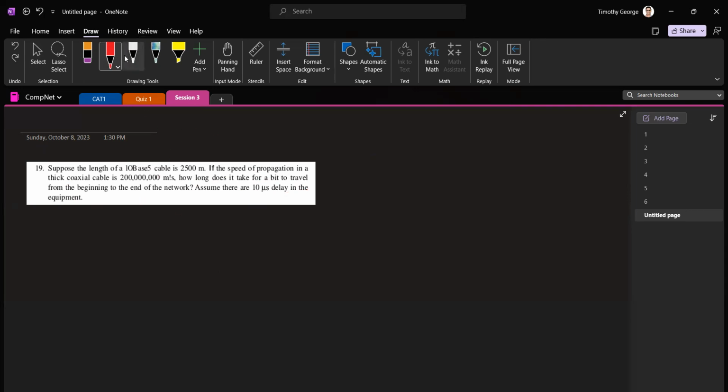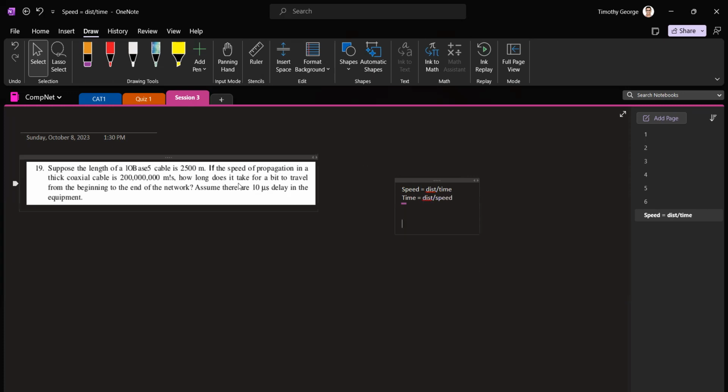It's actually a very simple question. So you just need to use your basic formulas. Speed is distance by time, and so time would be distance by speed.